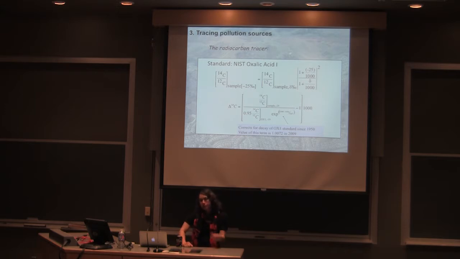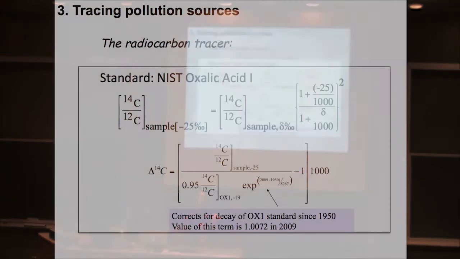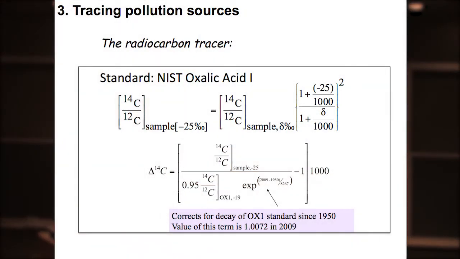So radiocarbon has this annoying habit of being radioactive. And so the units used to express radiocarbon concentrations are a little bit different than stable isotopes. I won't get into the details, but just to flag this in your head, a capital delta is used for C14.